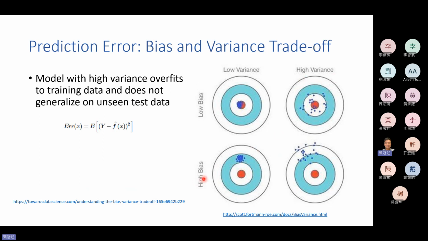If you have high bias and low variance, then all the shooting results will concentrate, but away from the center. Unfortunately, if you have a high bias and a high variance, then you will get terrible results.